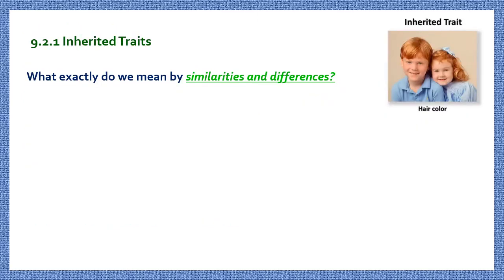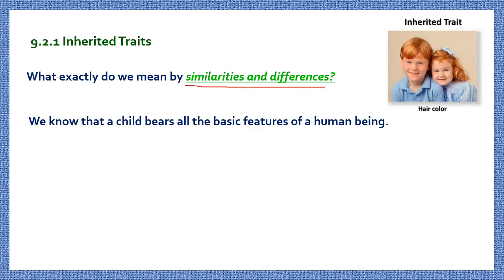What are inherited traits? Okay, let me explain that. At first, tell me, what exactly do you mean by similarities and differences? We know that a child bears all the basic features of a human being. A child will have two ears, two eyes, one nose, teeth, hair, two hands.